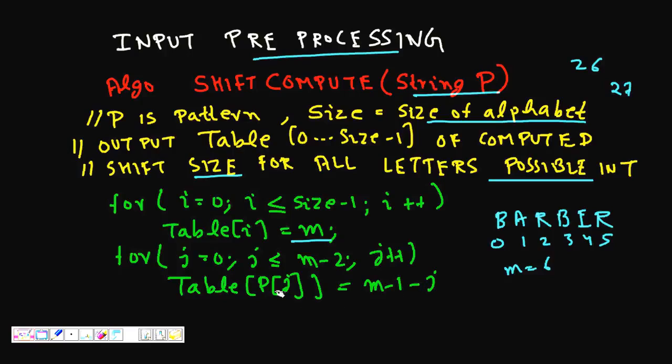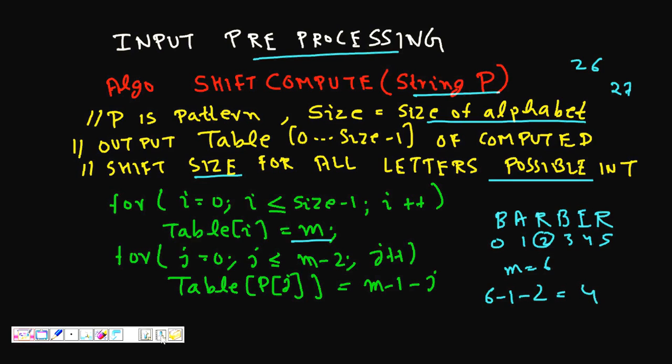For R, for example, we make a shift of how much? It will be 6 minus 1 minus J, where J is the rightmost position of R. Here R is at 2, so it will be 4.